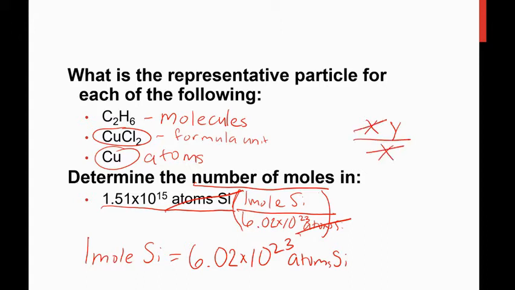Your x cancels and you end up getting y. So we end up getting moles of silicon. Okay, so if we do that in our calculator, we're going to do 1.51 times 10 to the 15. So 1.51 EXP or EE, depending on your scientific calculator, minus EXP 15 divided by 6.02 EXP 23.